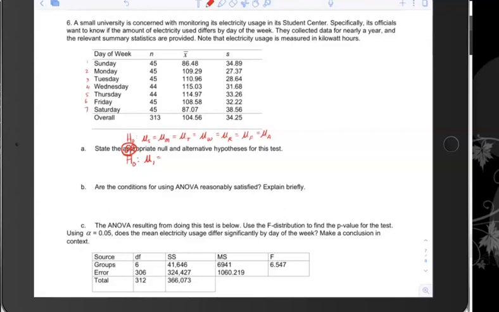So this would be mu1 equals mu2 equals mu3 equals mu4 equals mu5 equals mu6 equals mu7. And then the alternative would simply be the population means are not all equal.